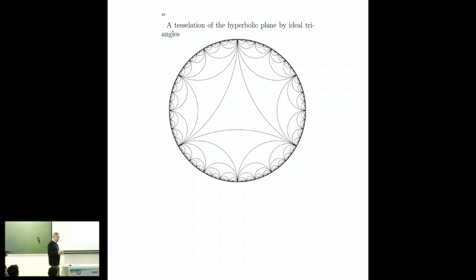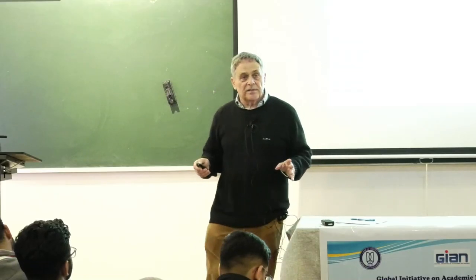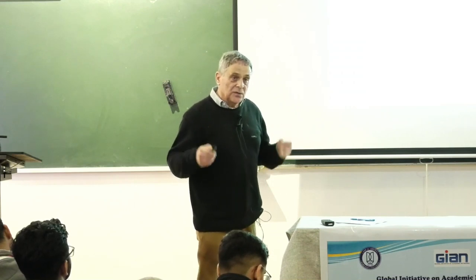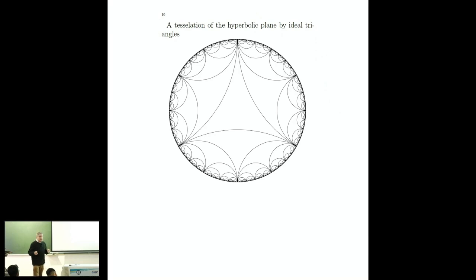I talked about Lobachevsky at the beginning. Lobachevsky works with ideal triangles. In fact, he didn't have any model, but he knew that this is a very important ingredient in hyperbolic geometry, that you have triangles where the angles are 0 and the vertices are at infinity. And they play a major role in Thurston's theory.